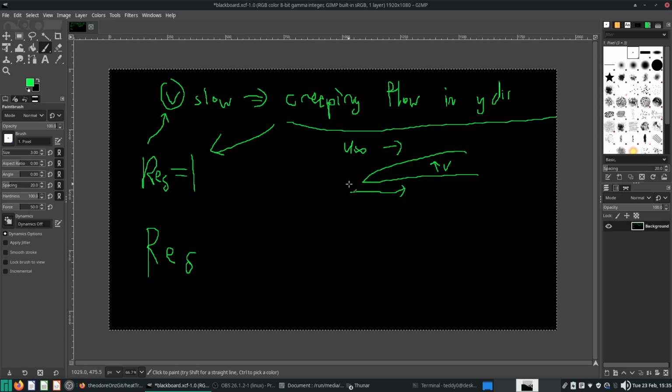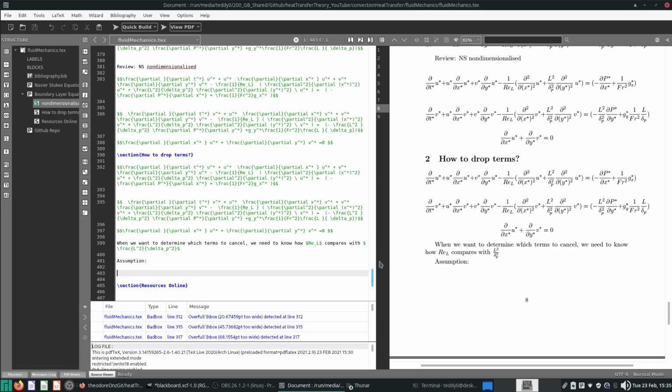The x length scale is here, but the y length scale is delta, so we'll use delta as the length scale, v will be the velocity scale, and nu will be the kinematic viscosity. This should be on the order of magnitude of 1. So let's write this down.